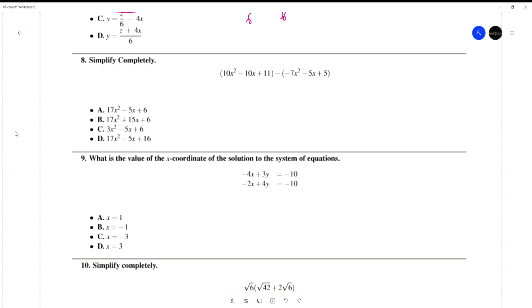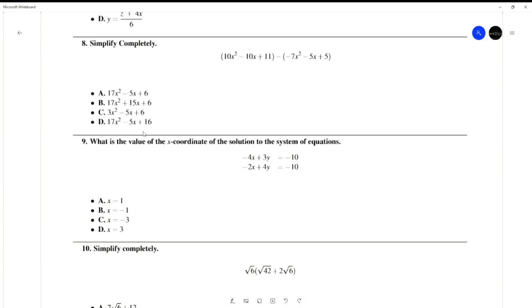Number 8. Simplify. Okay, we need to distribute and remove parentheses before we can combine like terms. So the first group here I can just remove, but the second we have to distribute this negative here, right? So this becomes plus 7x squared plus 5x minus 5.